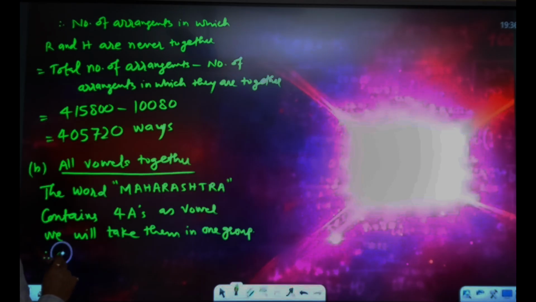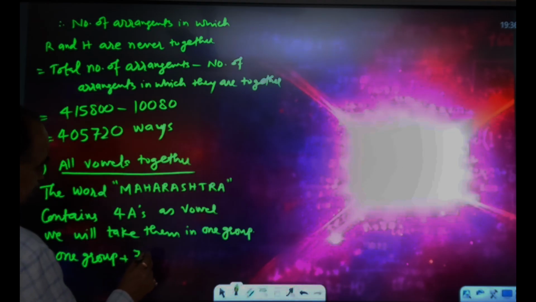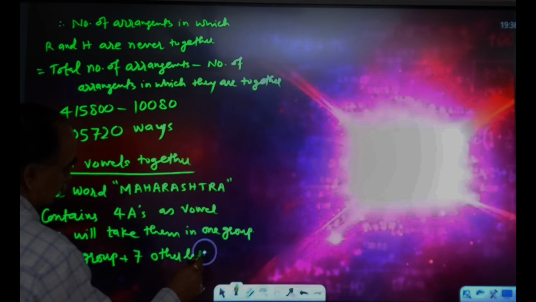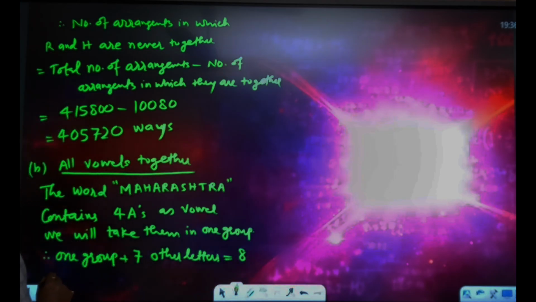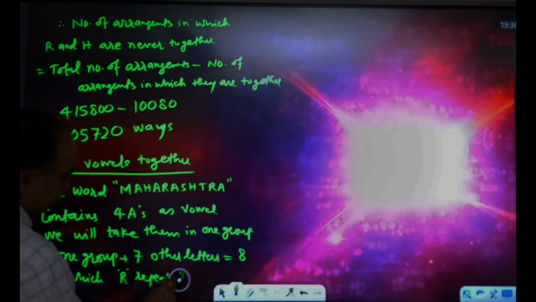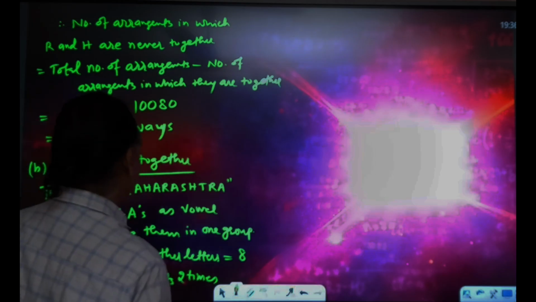Therefore, one group plus 7 other letters is equal to 8 units, in which R repeats 2 times and H 2 times.